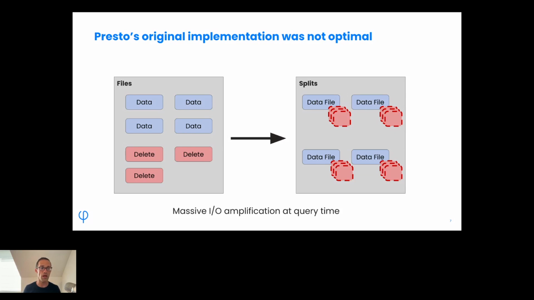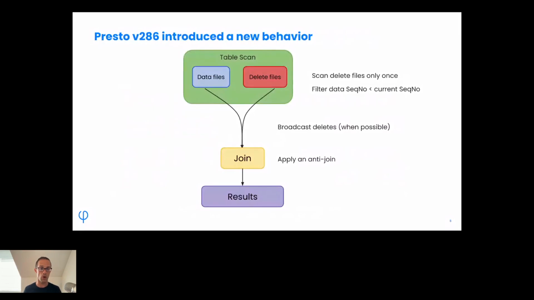So in Presto 286, we committed a PR, an enhancement, to change this behavior. The way we handle it is, instead of reading the delete files from each split, we're going to read the delete files as if they were regular data files.